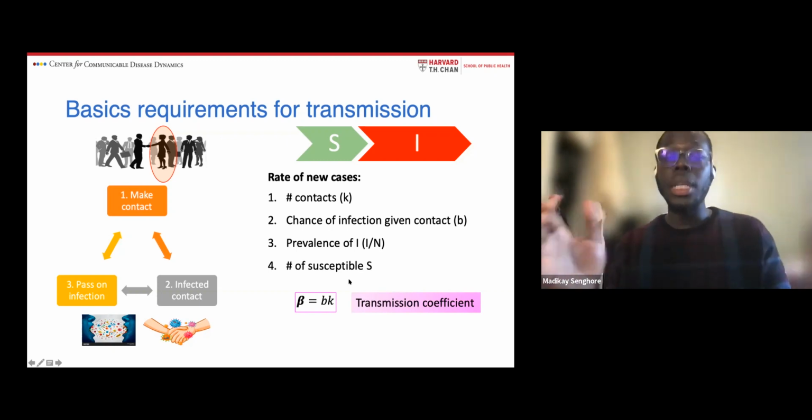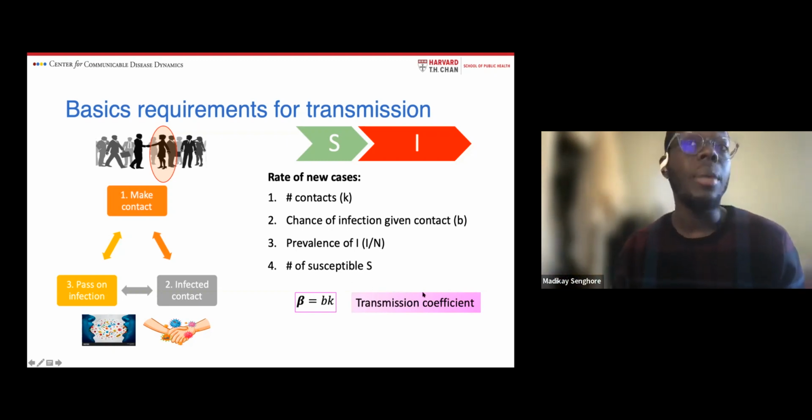So when you put it all together, first of all, you create this term, which is the transmission coefficient, which is beta. And beta is the product of B, the chance of infection given contact, and K, the number of contacts that you're making.